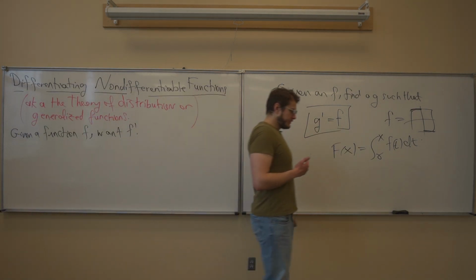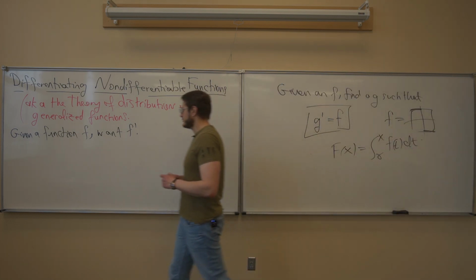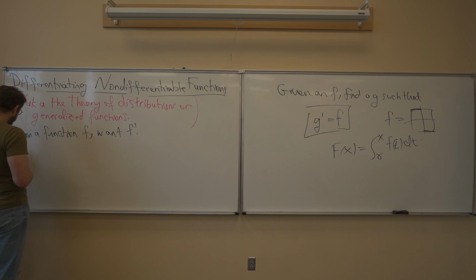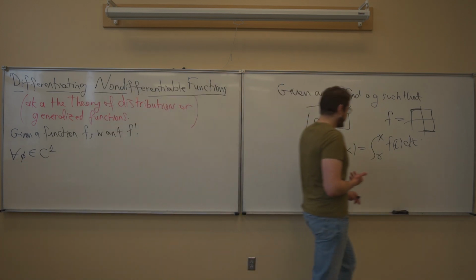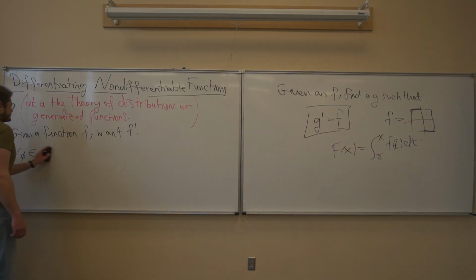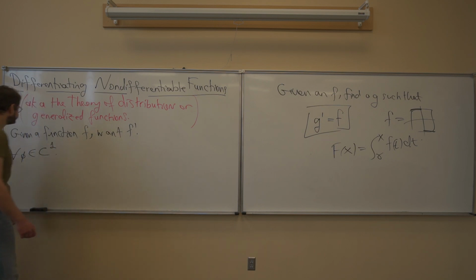Well, one way of doing this is to look at integration by parts. For any sufficiently differentiable function, let me call it phi, sufficiently differentiable, maybe C1. C1 is not necessary, of course. We looked into the integration by parts formula. What is sufficient is that my function is differentiable and its derivative is Riemann integrable.